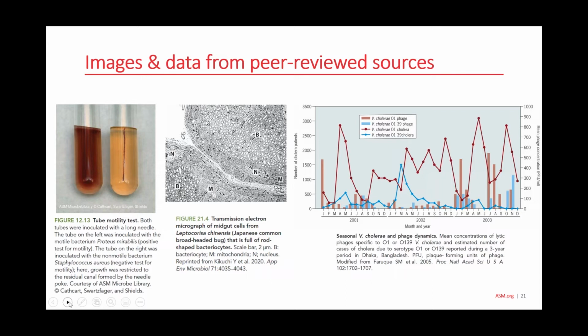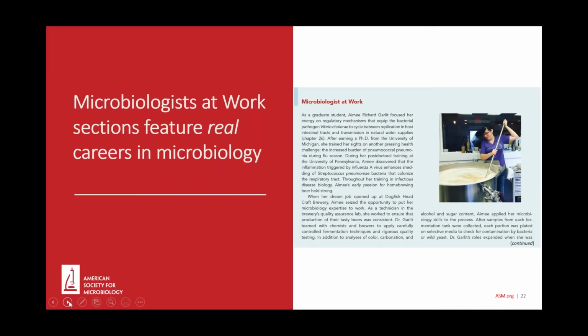Next slide. You've already seen examples of the microbiologists at work feature. These features are also serving the purpose to describe diverse career options for upcoming microbiologists, and they highlight current academic or industry research.